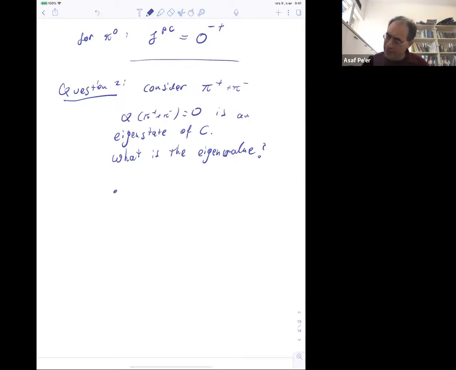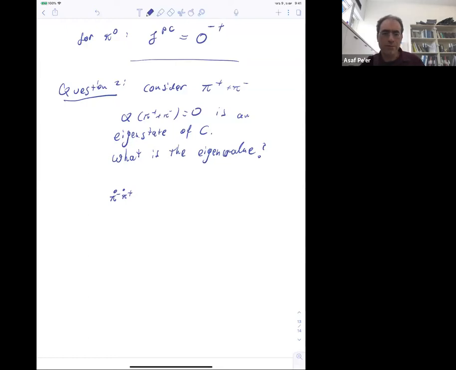So you can think of them as pi plus and pi minus, and they have relative angular momentum L. Since this is a combination of particle and antiparticle, then the combined spin, what would it be?